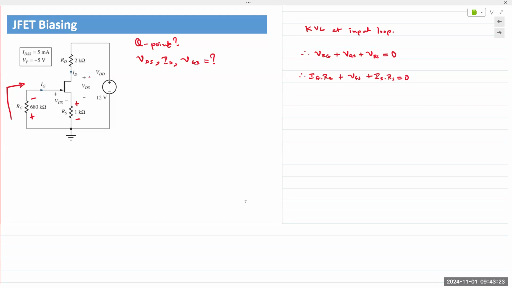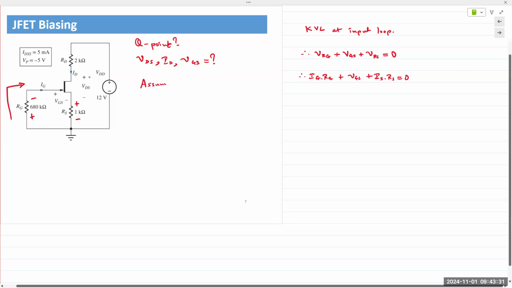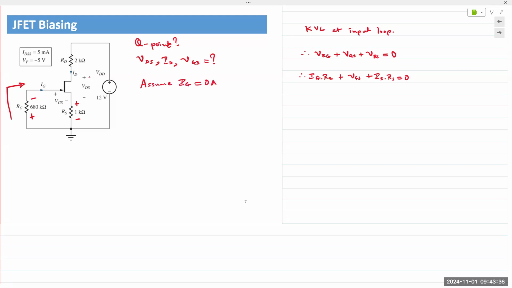Now, remember what I was saying about the gate current. For most analyses, we would assume the gate current IG to be equal to 0. So in the circuit, what do you see? You have three terminals, so we have three currents: the drain current, the source current, and the gate current. Current comes from the top, flows through here. If you apply KCL, the sum of the three currents should be equal to 0.